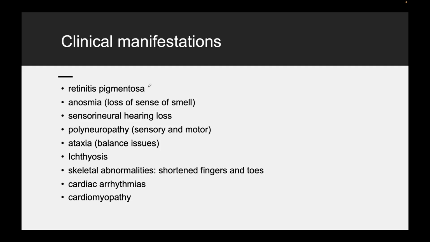So it presents with retinitis pigmentosa, problems with smell, particularly anosmia. There's hearing loss, so the special senses are affected in Refsum's disease. There can also be ataxia. There can also be ichthyosis, or what we call the fish skin. The skin looks very scaly, like the skin of a fish. That's ichthyosis. There are skeletal abnormalities like the pictures I showed you earlier, in the toes.